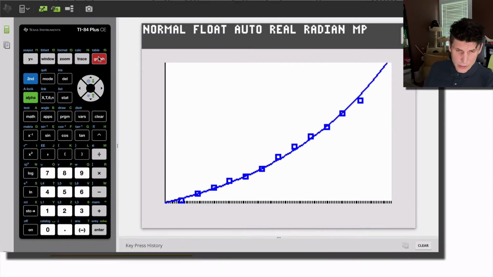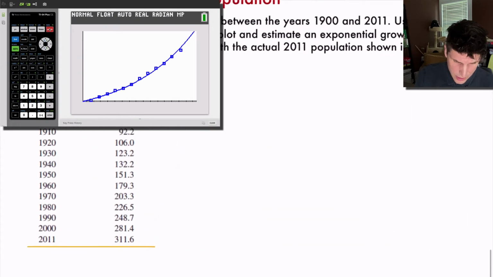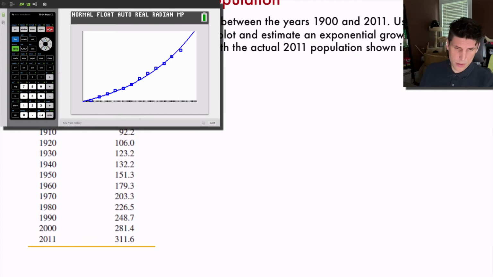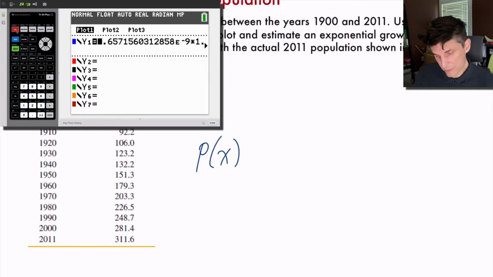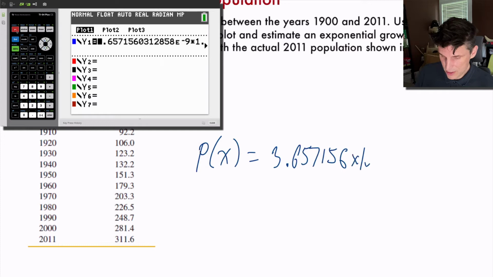So now, let's jump back over to this question. They're asking us to create and estimate an exponential growth equation. Cool. So let's write that equation down. I'm going to leave the one in the calculator for sure. But what they came up with is 3.657. So we have a population with respect to X equals 3.657156 times 10 to the negative 9th.